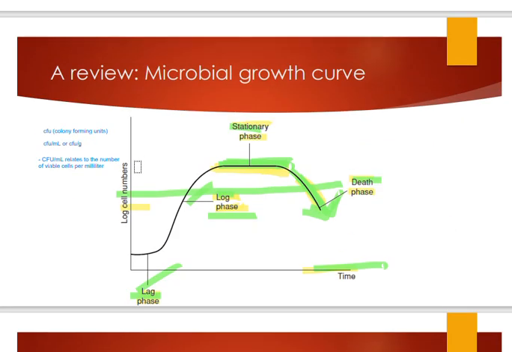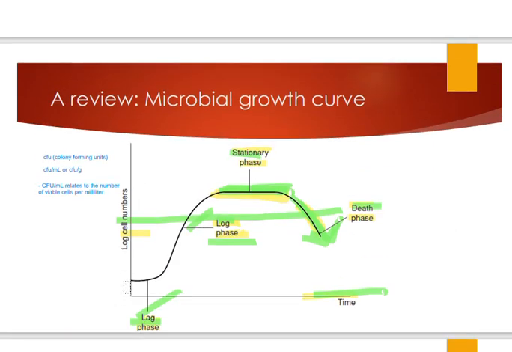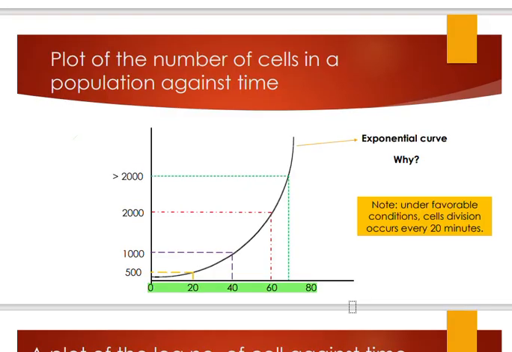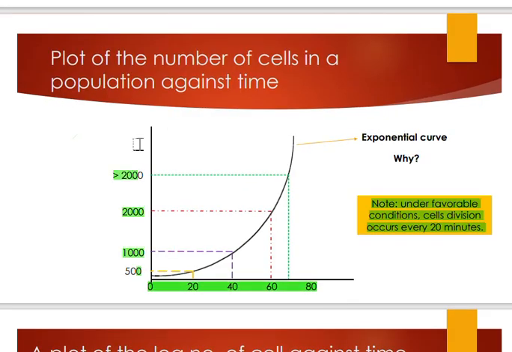So this is the log of cell numbers as well as time. This one also is the log of your microbial cells per time. As you can see here, as the time increases, you can observe that there is an exponential increase.